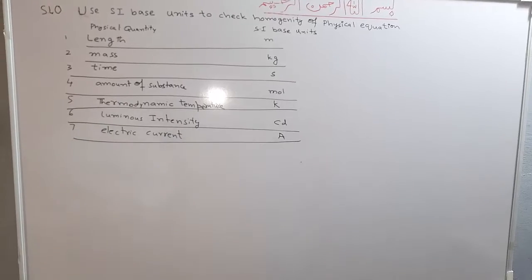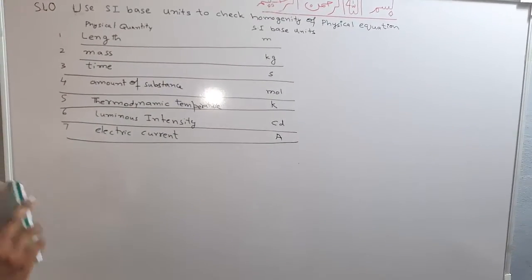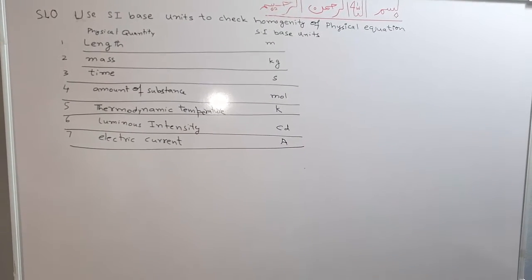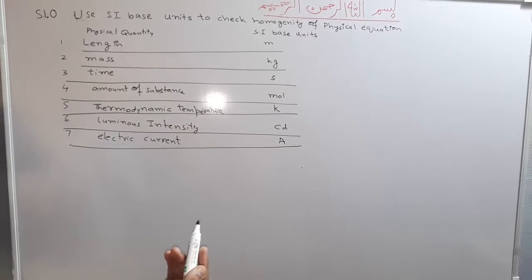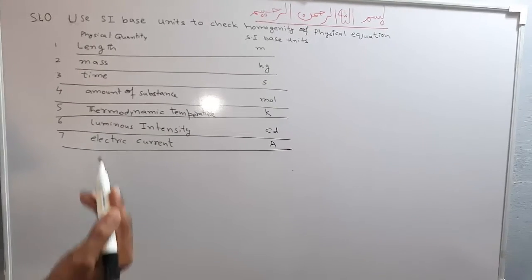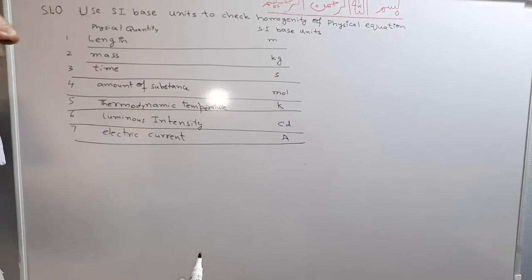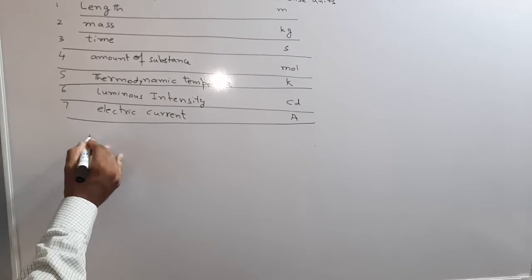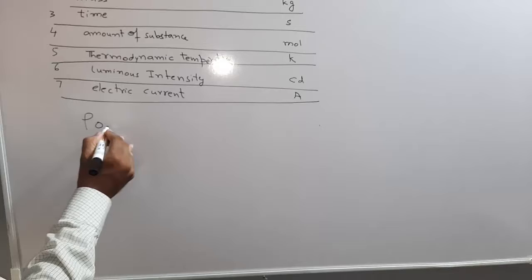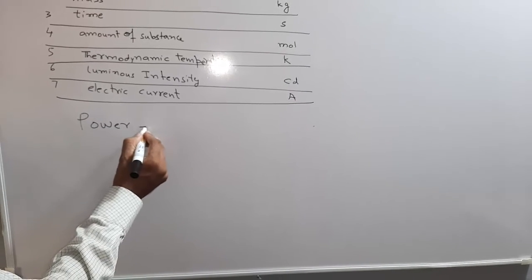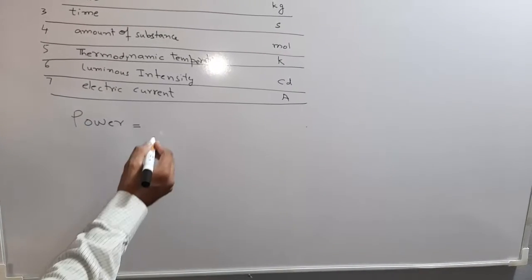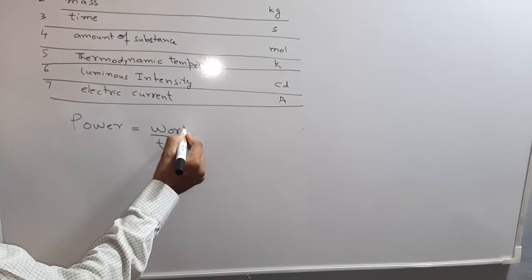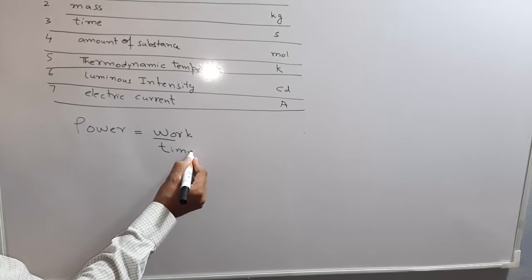Now we are going to start how to convert a physical quantity in terms of SI base units, meaning from a derived unit, how we represent it as base units. Just take an example of power. Power is basically the rate of doing work, W over t, work per unit time.